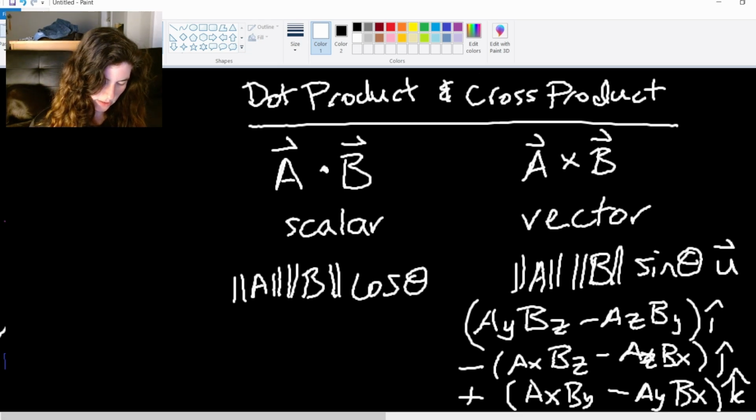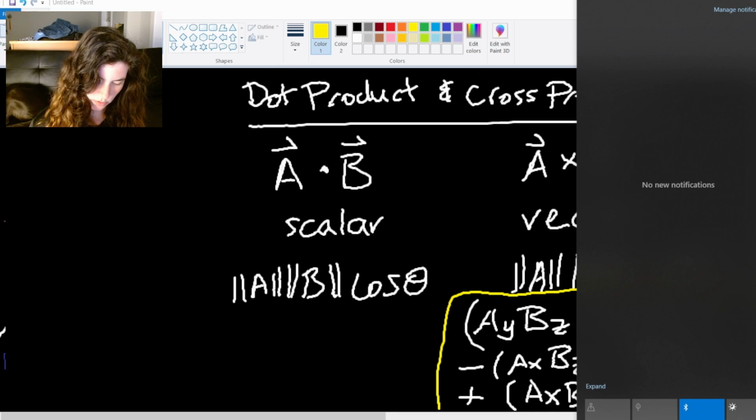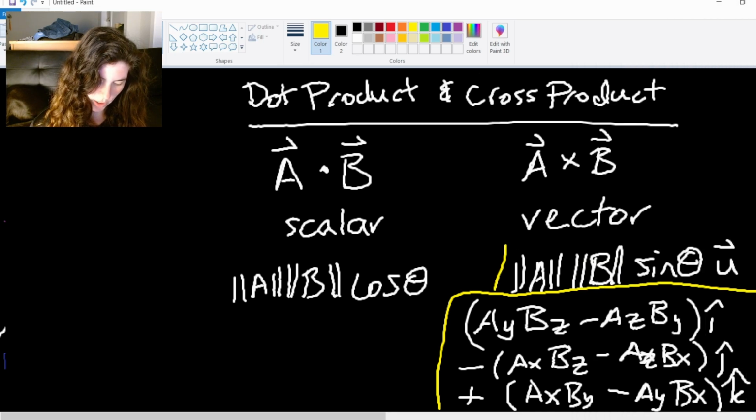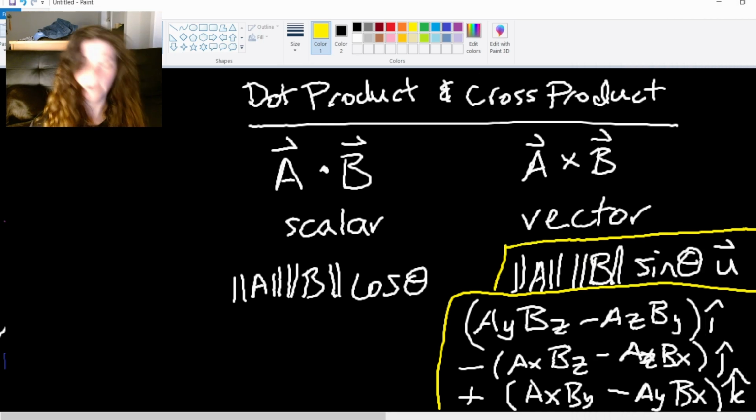So this is the general form of the cross product. Both of these are equal. All right, so your general form may be in this top version or maybe in this bottom version.